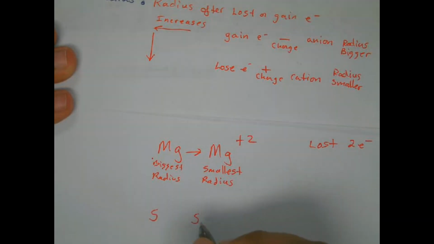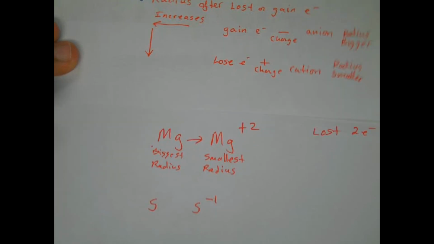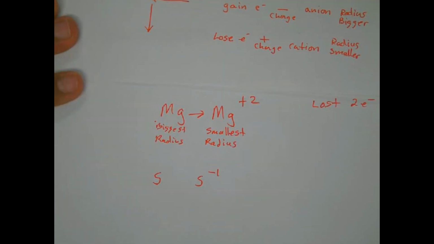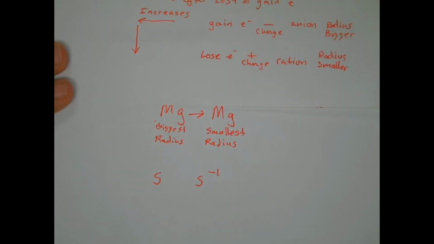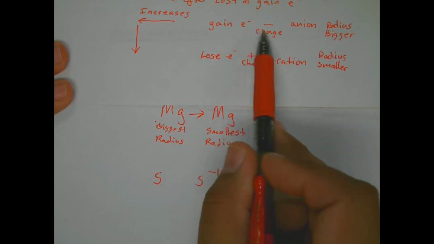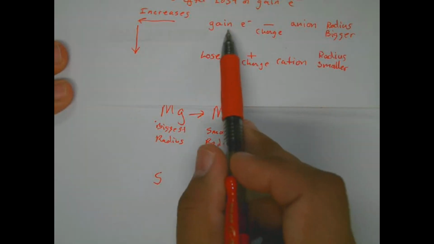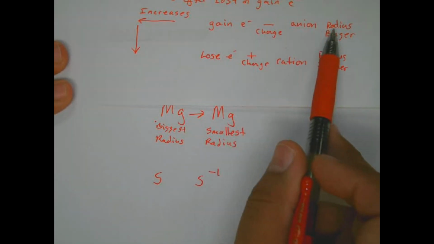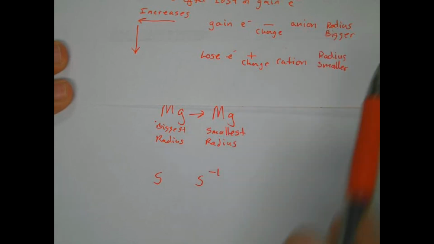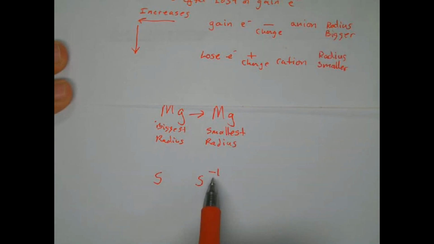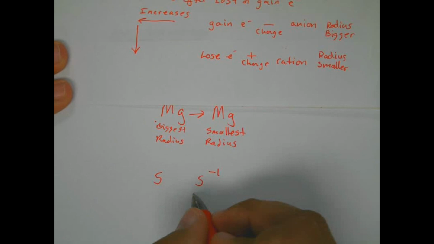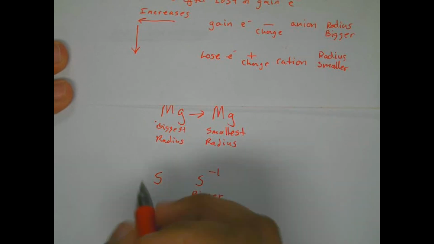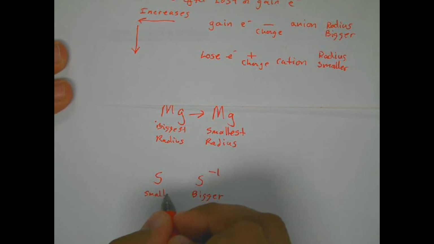Now let's look at something like sulfur. If I have sulfur and then I have sulfur, let's say -1, which one's bigger? Which one's smaller? Well, let's look. What does negative mean? Negative means you gained an electron, right? And your radius gets what? Bigger. So -1 means you gained 1 electron, so that means he got bigger, which means this guy has to be smaller.